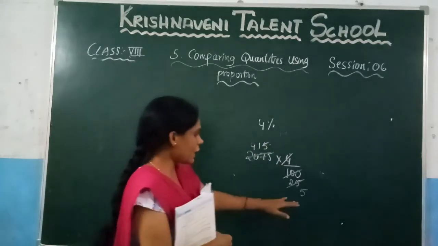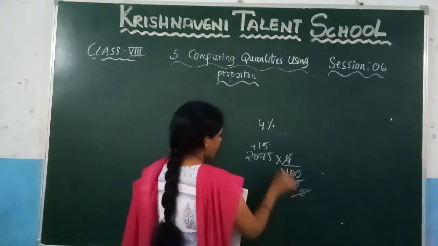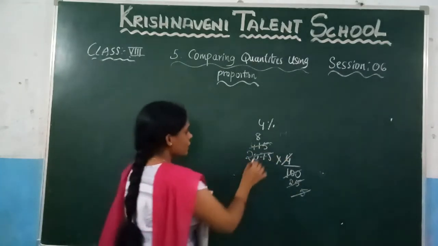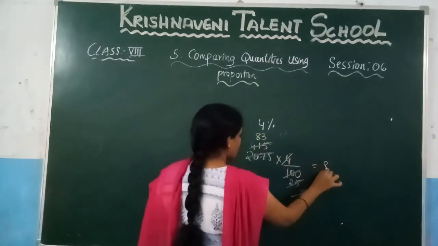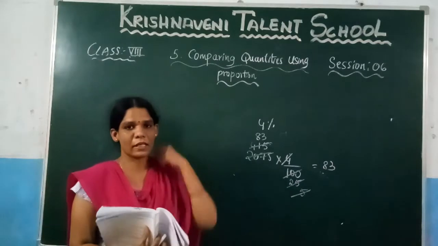Again in the 5 table these two numbers will get cancelled, right? 5 8s are 40, 1 will be remaining, 5 3s are 15. So what is the decrease in enrollment? Which is nothing but 83.